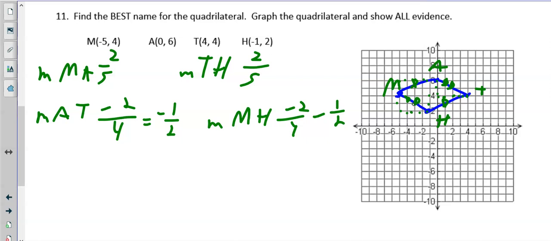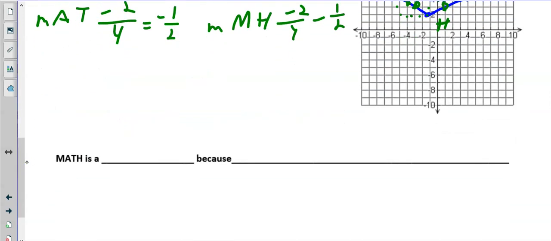We know it does not have right angles, okay? You can clearly see that, because we don't have opposite reciprocal slopes. So the only last thing to do is, actually I lied, we don't have to do anything more. This is just a parallelogram.